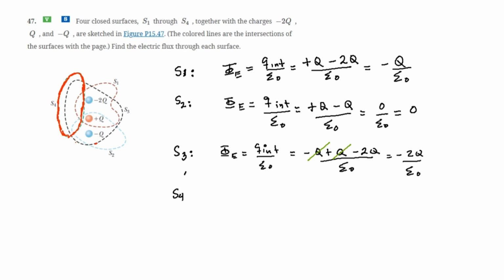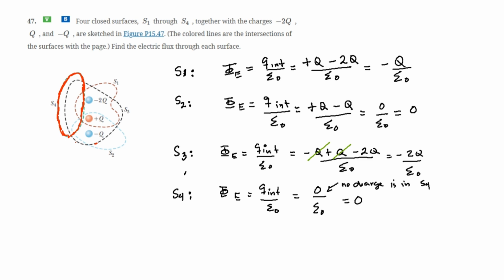So when you go over S4, then you have Q interior over epsilon sub 0, and Q interior is 0. Why? Because no charge is in S4. So the electric flux will be 0.